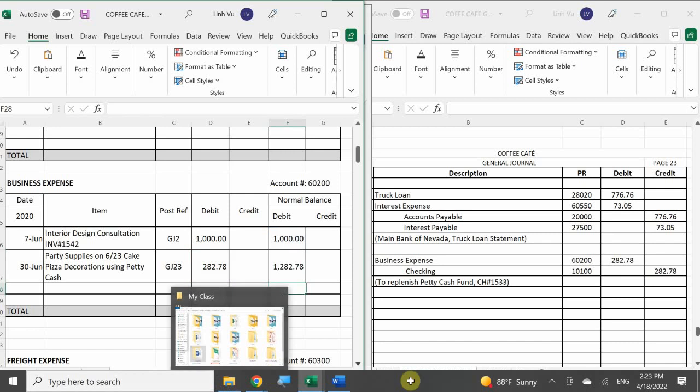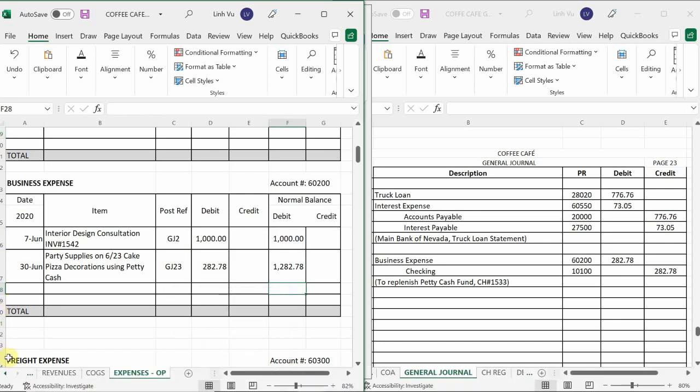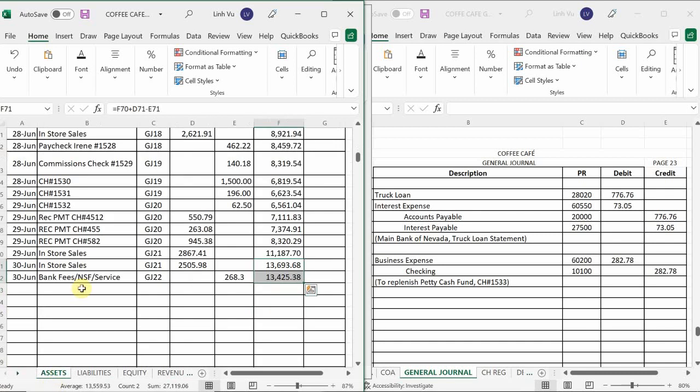Good. Okay. And then last but not least, we got to go to our checking account to subtract that amount from my books.